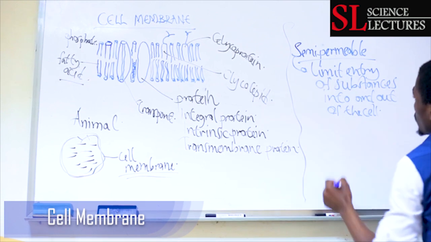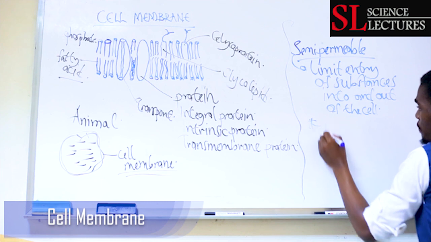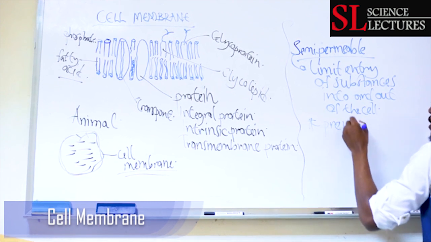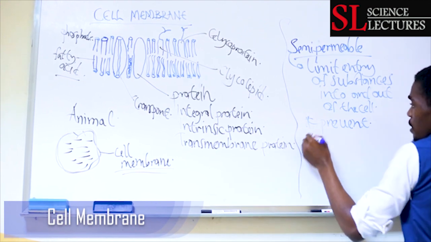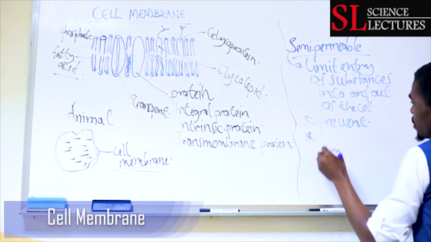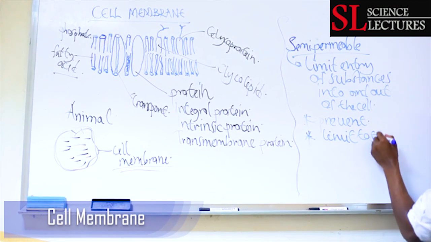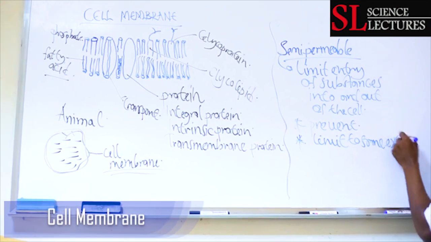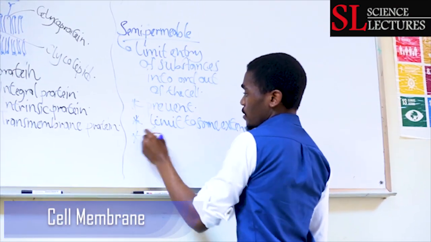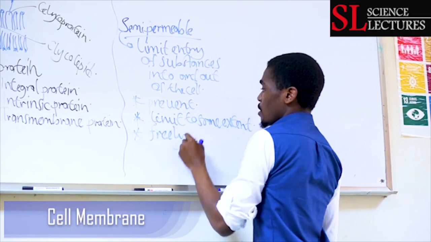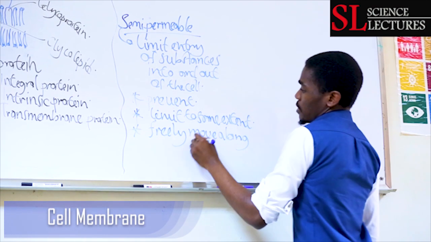So what is this limiting all about? It can either completely prevent the entry or exit of substances, or it can limit them to some extent, or it can allow molecules to move freely across the membrane.